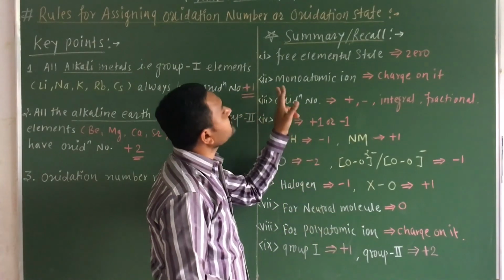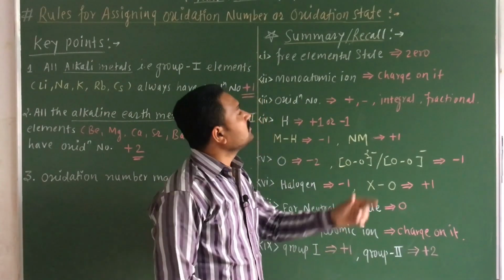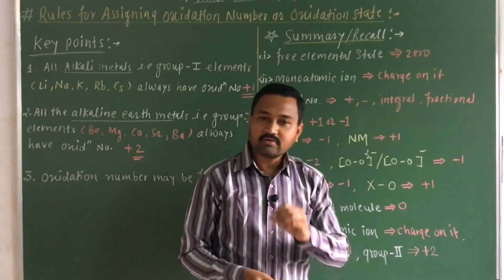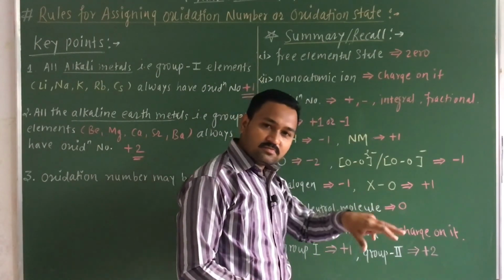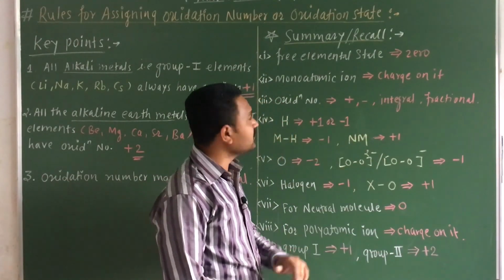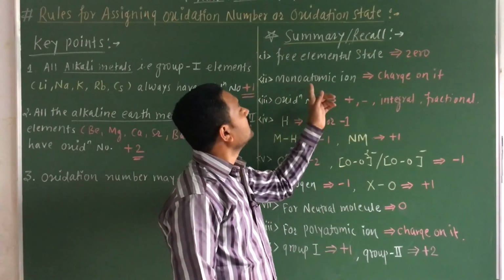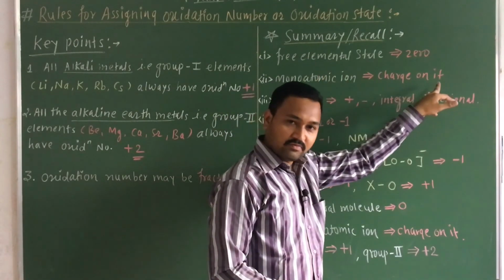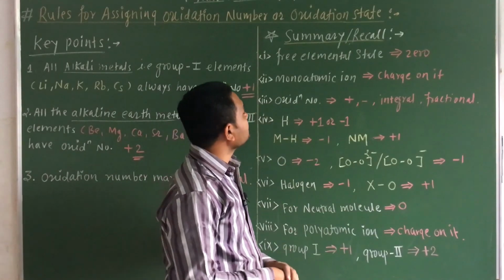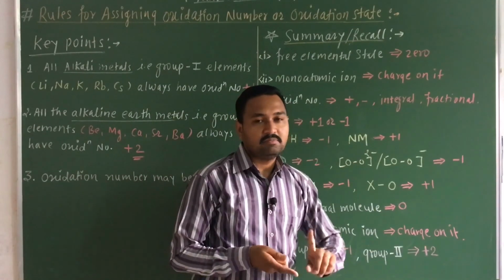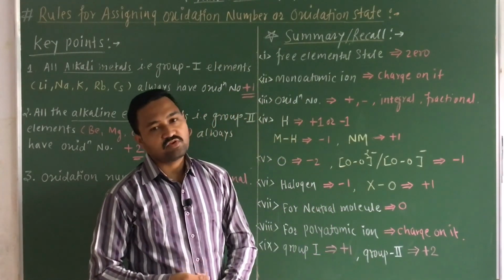Then next, a monoatomic ion will show the oxidation number equal to the charge on it, whether positive or negative. The second rule: a polyatomic ion will show the oxidation number whatever the charge on it, either positive or negative. Then the third rule: the oxidation number may be positive, negative, integer, or fractional.